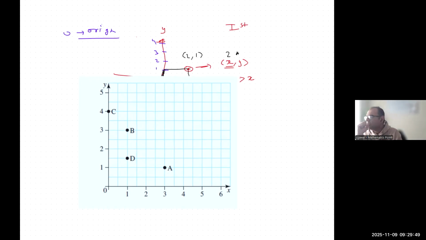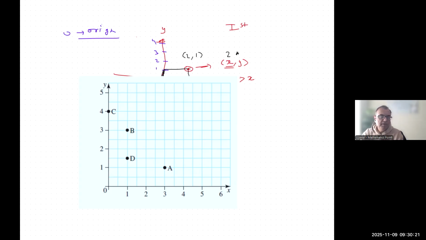3, comma 1. Good job. Give me the position of point B. B is 1, comma 3.